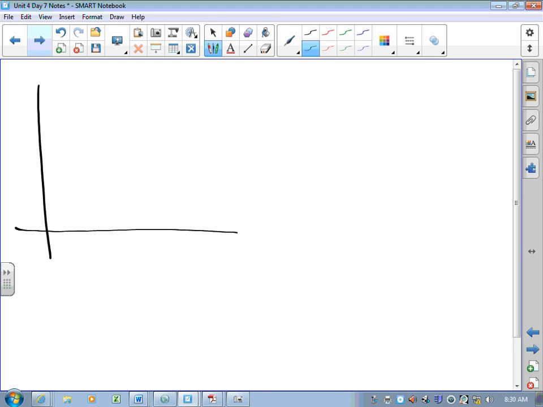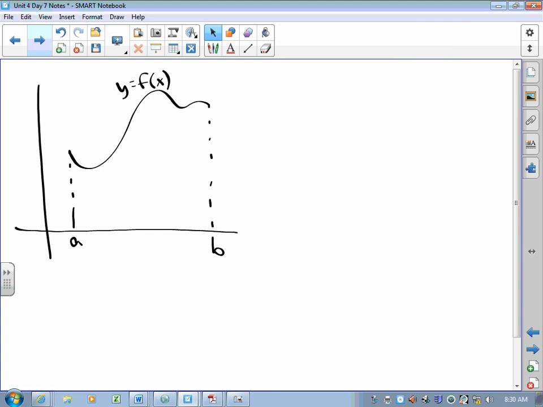Let's consider some generic function on some closed interval a to b. This is y equals f of x on some closed interval from a to b. And the thought is we're going to partition this interval into a bunch of subintervals as we have before.